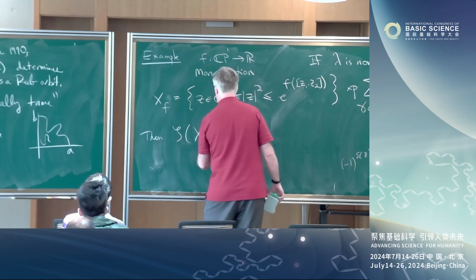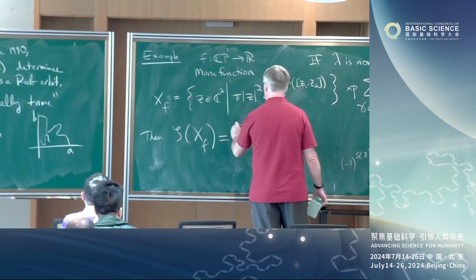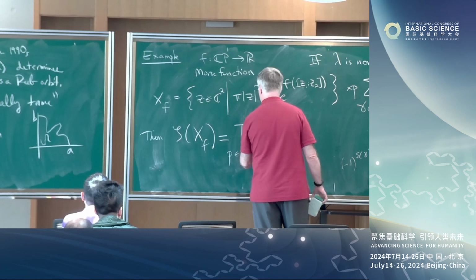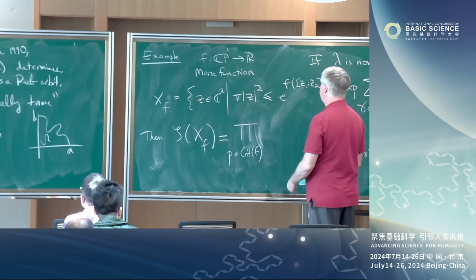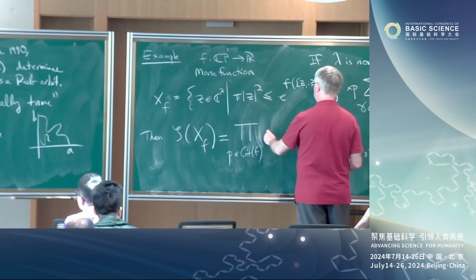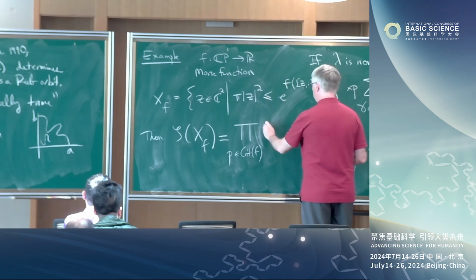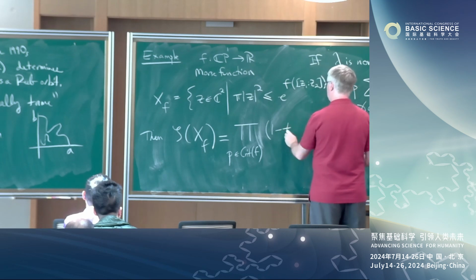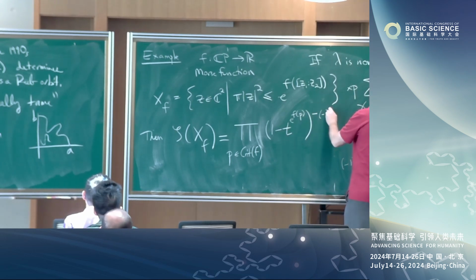And zeta of X_f is the product over p, a critical point of f, of (1 minus t to the e to the f of p) to the minus 1 to the Morse index of p.